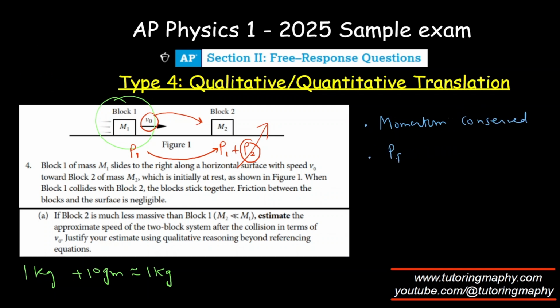The final momentum of block 2 can be ignored because the velocity is very less. This means that the final momentum is only of block 1, and that is also the same as the initial momentum because it is also of block 1, which means that the final velocity is about the same as the initial velocity.